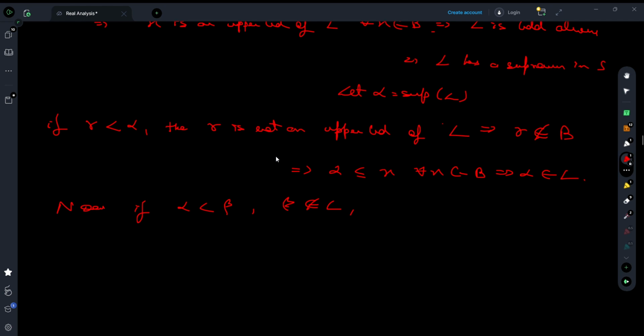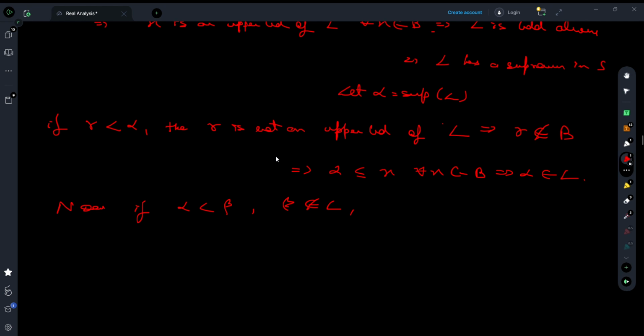Now, if alpha is less than beta, then beta is not in L. Why? Because if alpha is less than beta, then beta is no more a lower bound of B, right?